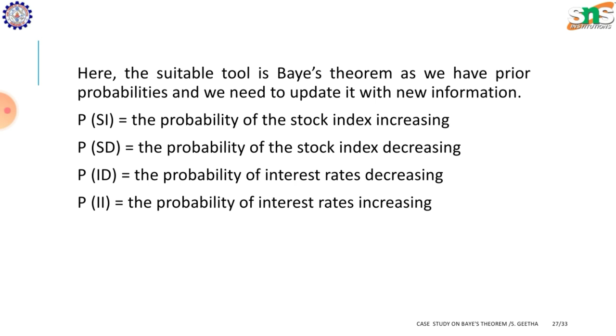P of SI is equal to the probability of the stock index increasing. P of SD is equal to the probability of the stock index decreasing. P of ID is equal to the probability of interest rate decreasing. P of II is equal to the probability of interest rate increasing.